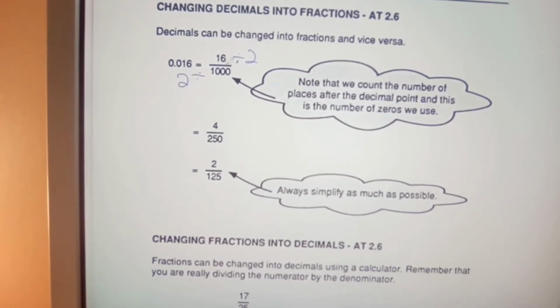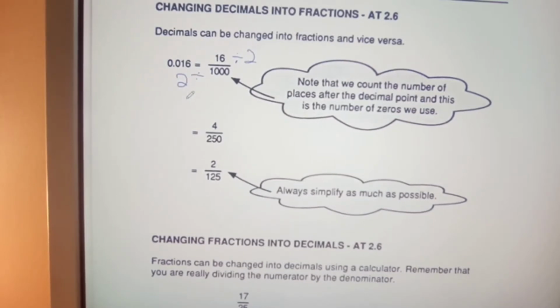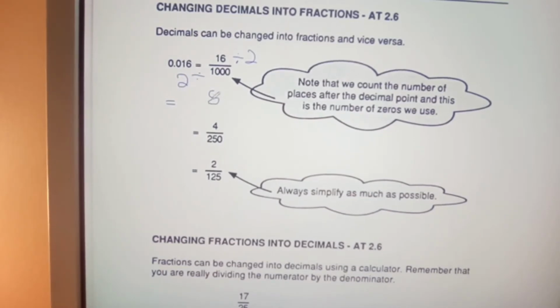So 16 divided by 2 equals what? 16 divided by 2 goes 8 times. 8 over what? 1000 divided by 2 equals what? It's 500.